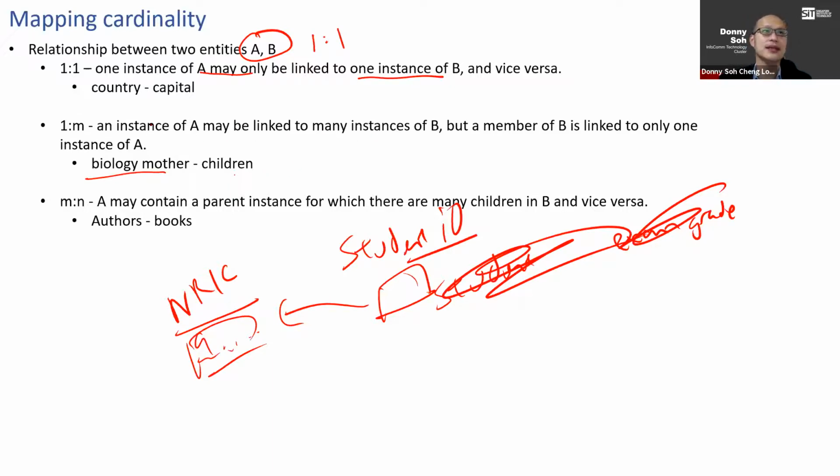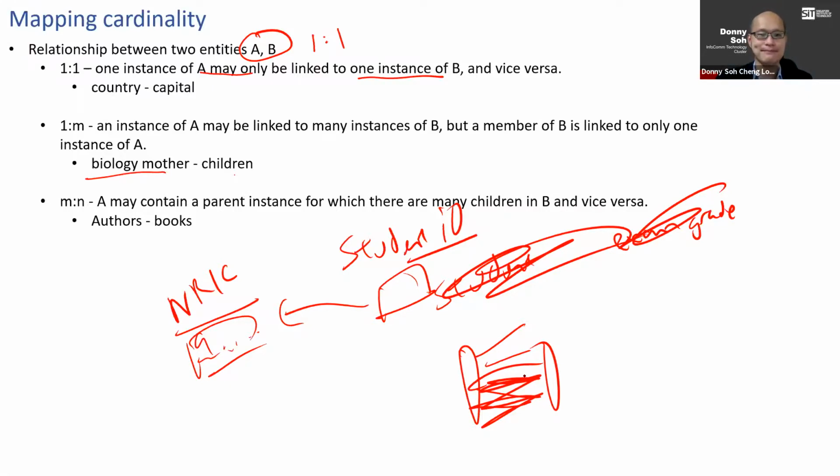M to N is where A may contain many instances of B, and vice versa. So for example, an author can have many books, and a book can also have many authors. A person can write many pieces of software, and the software can also be written by many people.